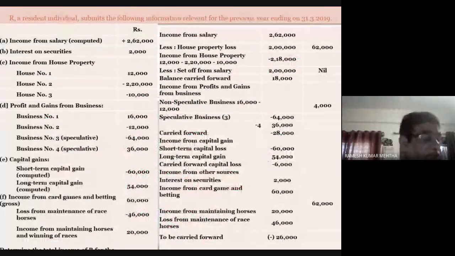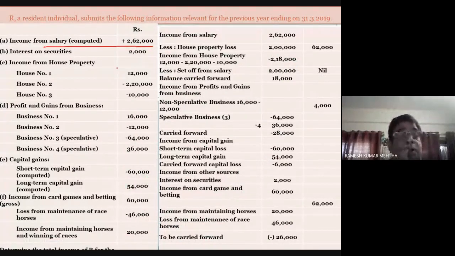In the third problem, the assessee furnishes the following information. Income from salary is 2,62,000. Income from securities, interest on securities, this is income from other source of 2,000 rupees. There are three house properties and he has made some profit from the first house property and loss from the second and third house properties.